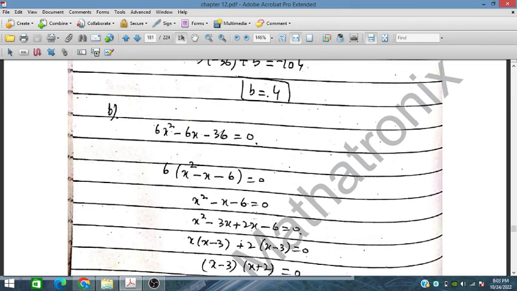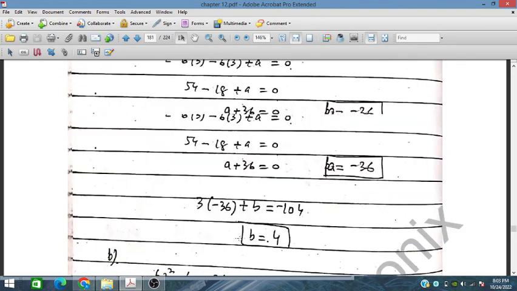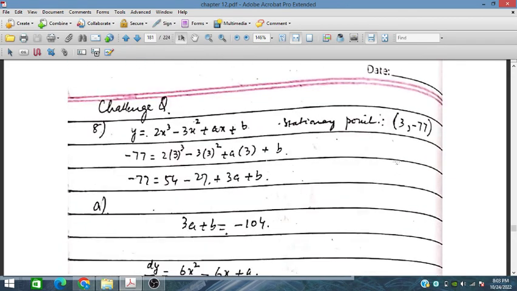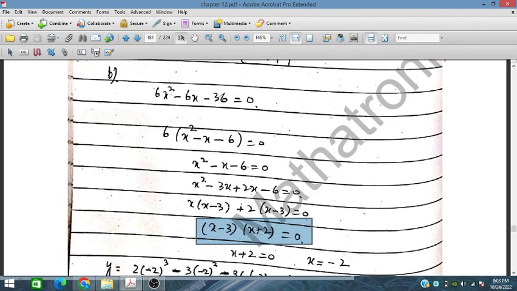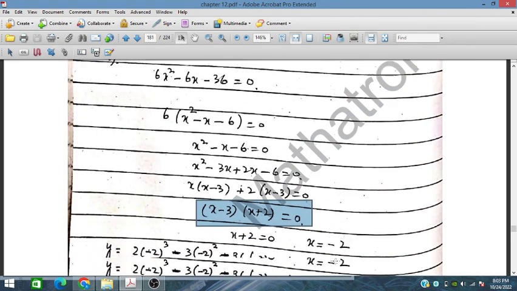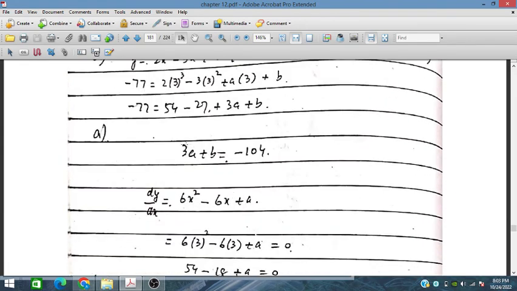This is two parts, x plus 2 is equal to 0 or x minus 3 is equal to 0. So we have already calculated the 3. So this is x plus 2 is equal to 0. So we take this minus 2 in place of x in this equation.